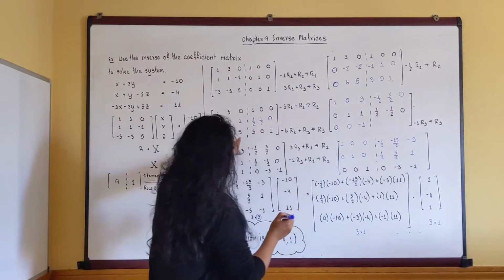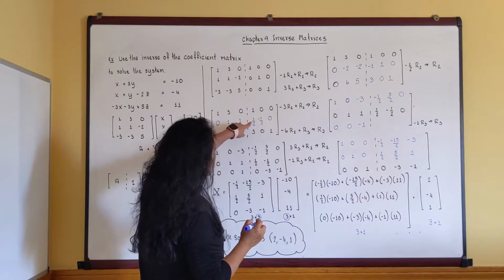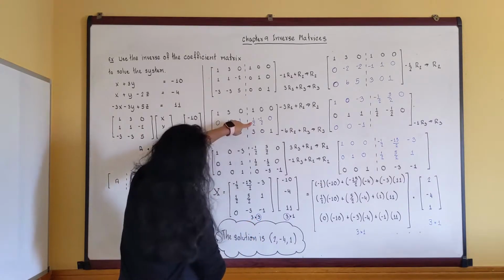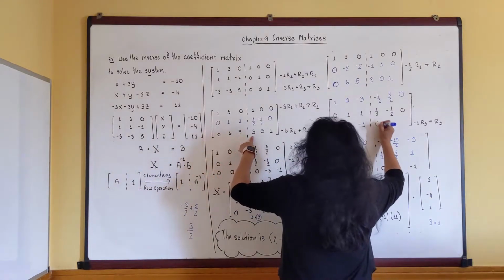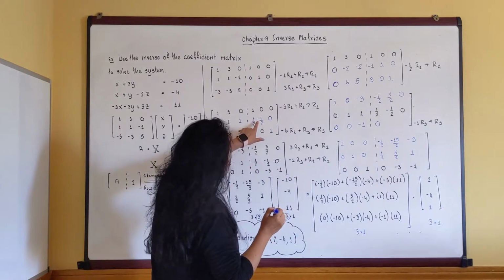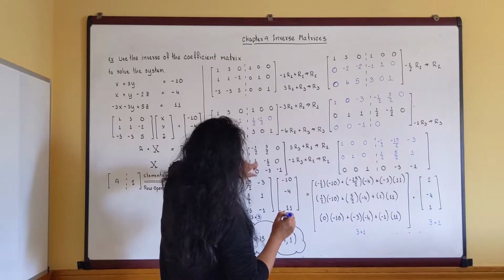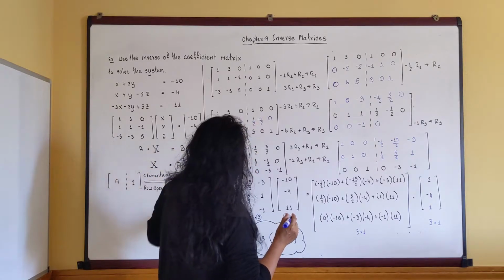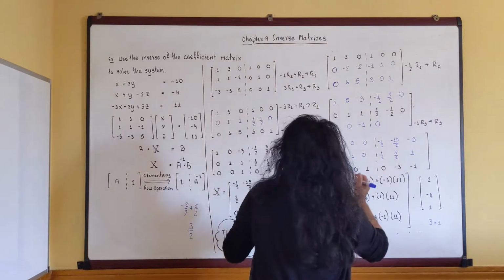Alright? Times negative 6, yes. So negative 6, that is going to be negative 3. So I'm going to have 0. If I multiply by negative 6 here, I will get negative 6. So I will get 3.